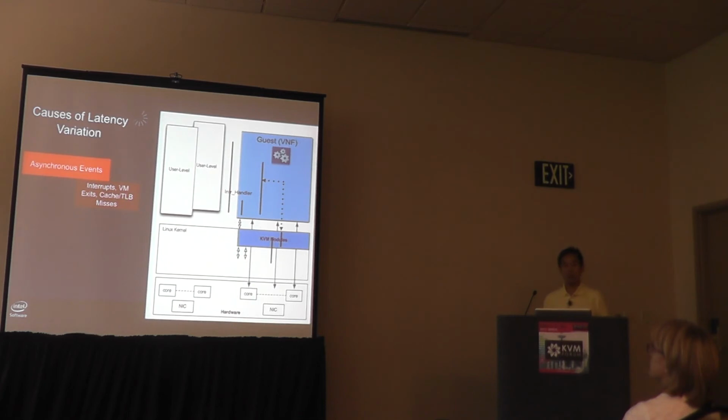There are asynchronous events like interrupts, VM exits, cache misses, or TLB misses. They can happen at any time. So somehow we need to minimize those asynchronous events, or if they happen, we need to mitigate the handling of TLB misses.